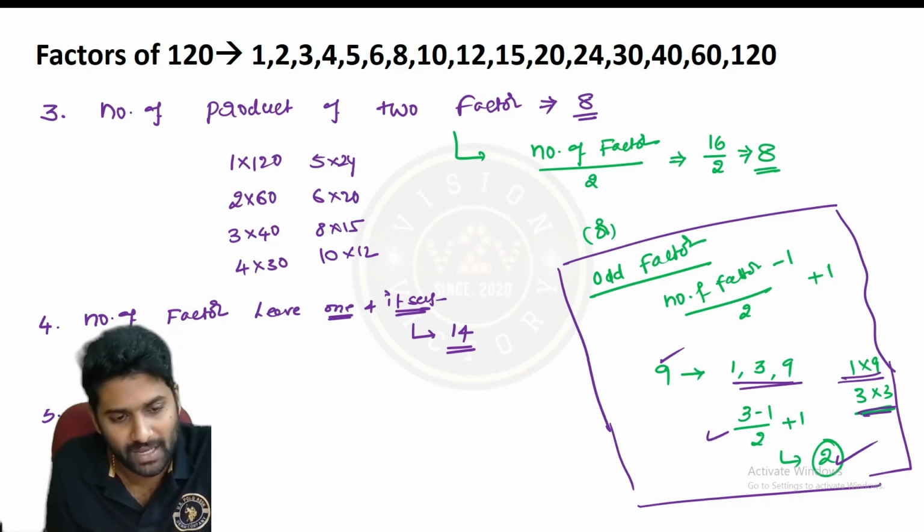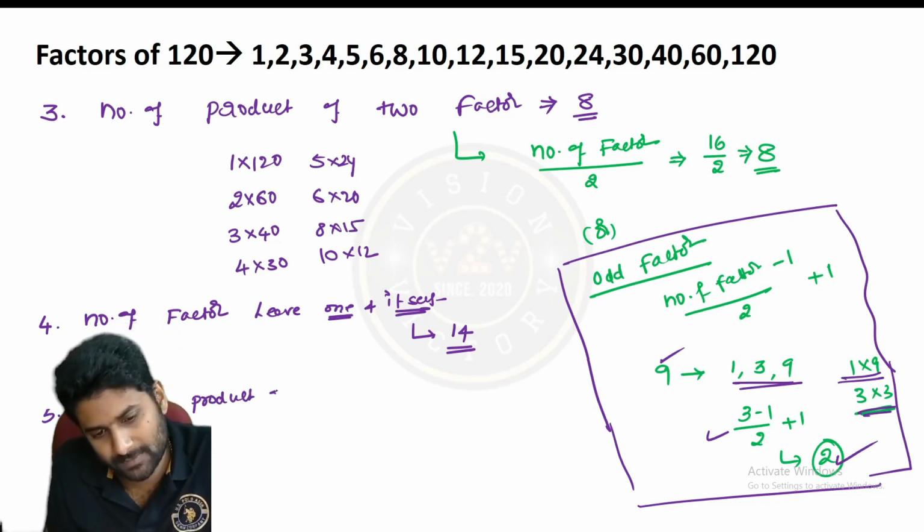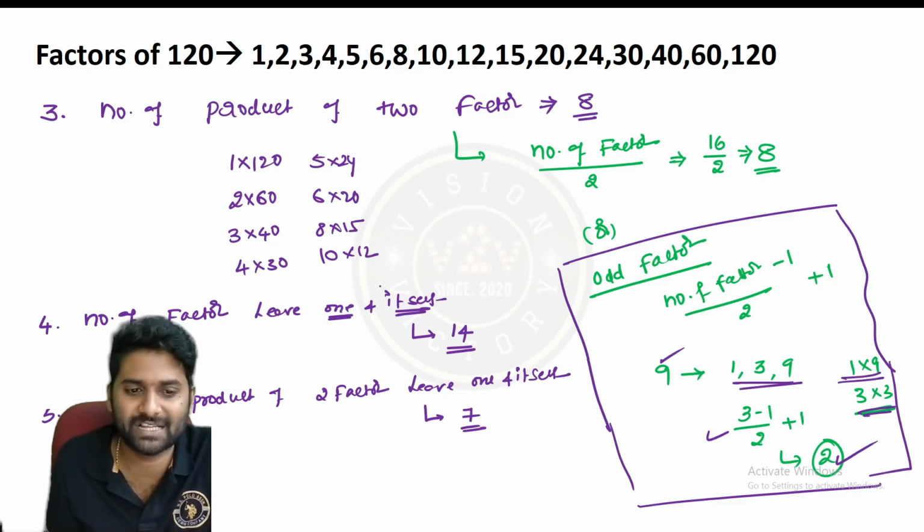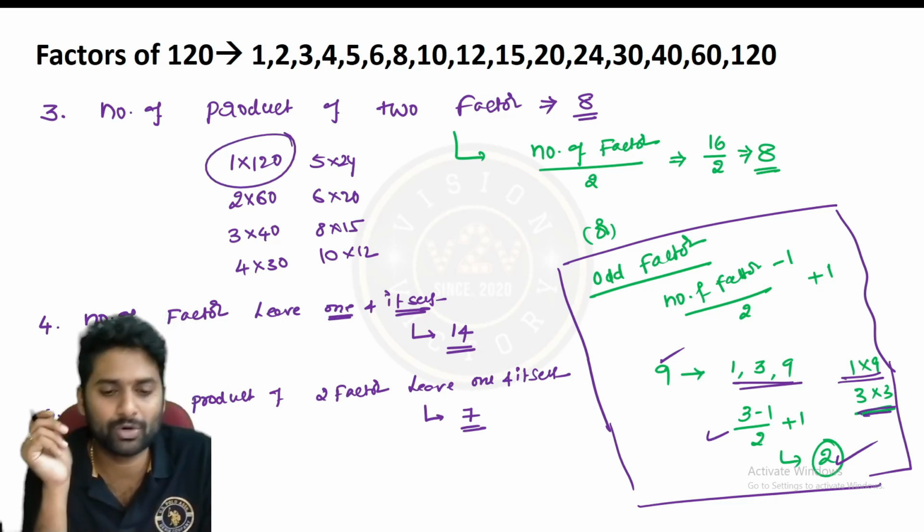For example, number of product of two factors leave 1 and itself. In this case, how many product of two factors leave 1 and itself? You have to exclude 1 into 120. Then the total count is 7.